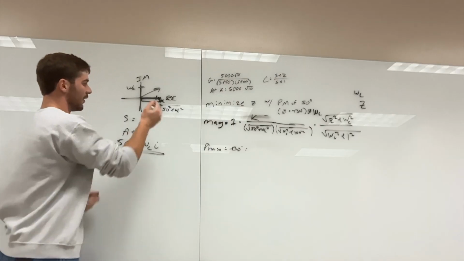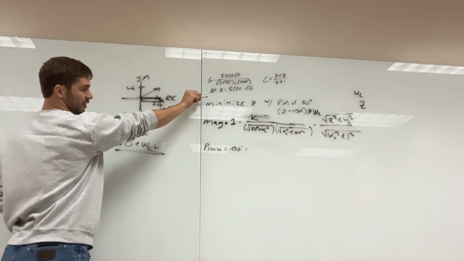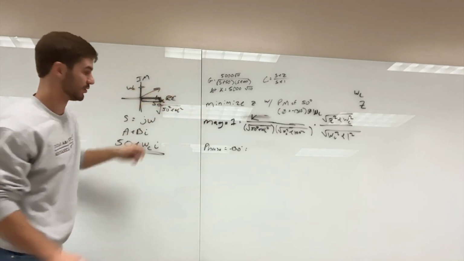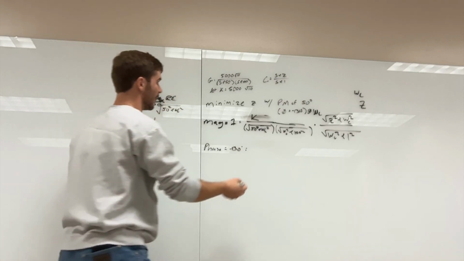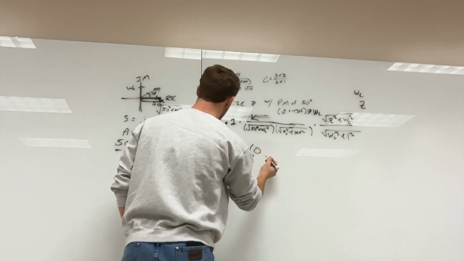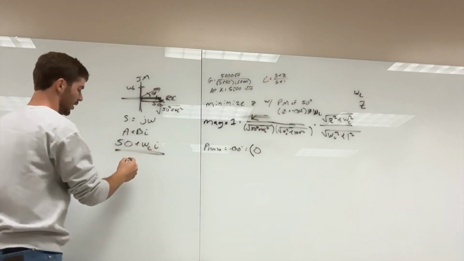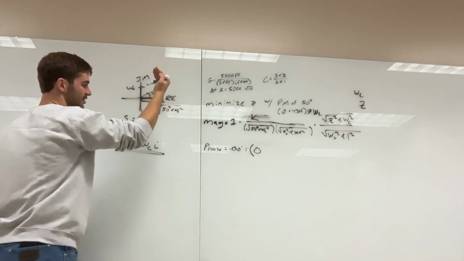5,000 root 10 on the imaginary versus real plane is just to the side, and that is going to be an angle of 0 degrees. The angle is with respect to the real axis. So for our numerator, we have 0, and then we have s plus z. You're going to go z in the real axis and s in the imaginary direction.